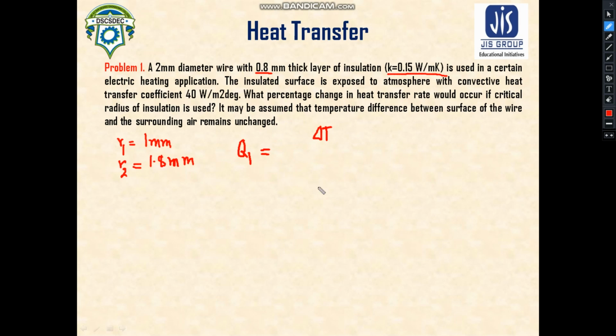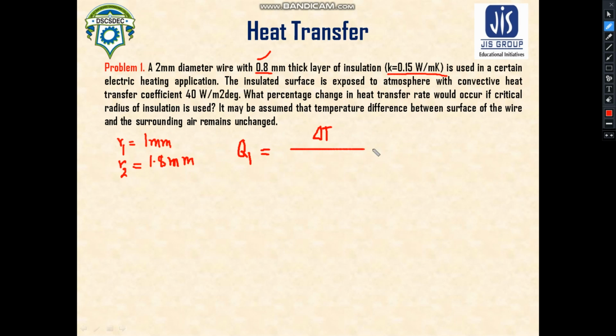That means when we are using this 0.8 millimeter thick layer of insulation, and in the second case when we would be using the critical radius of insulation.